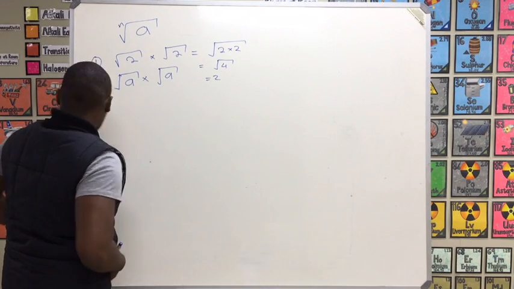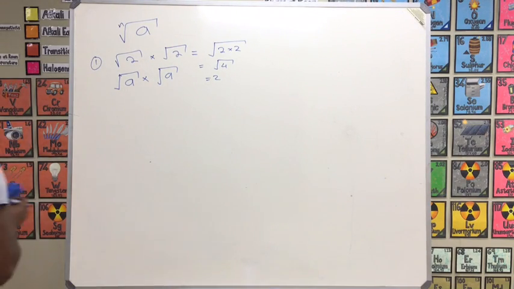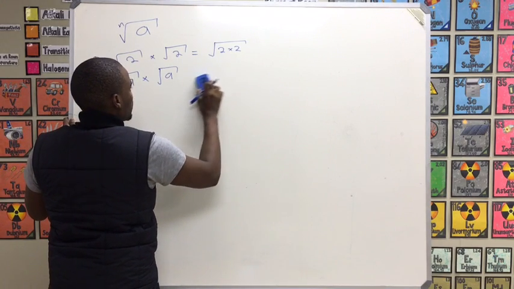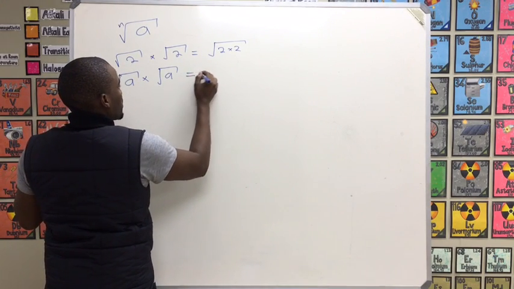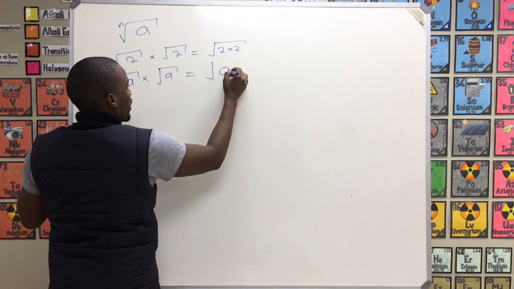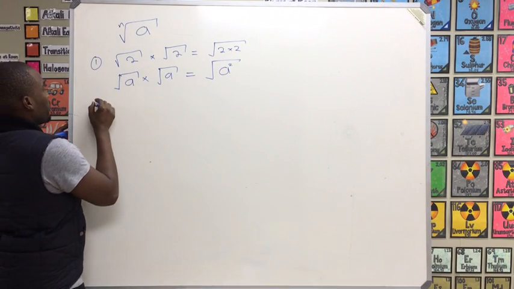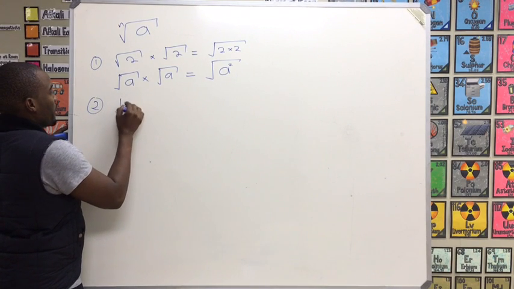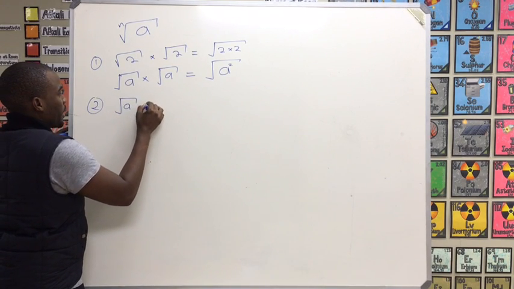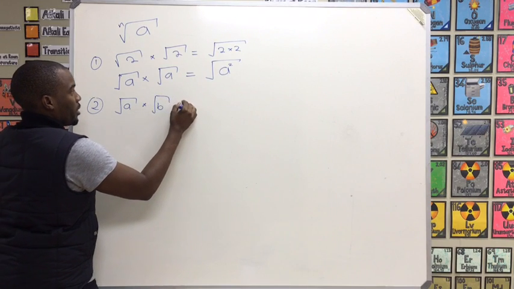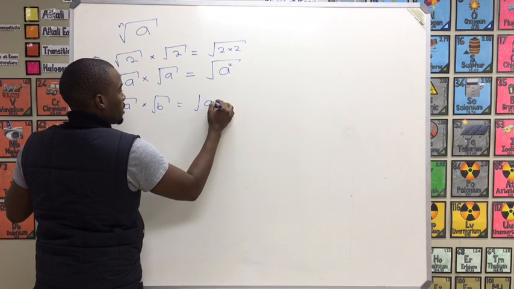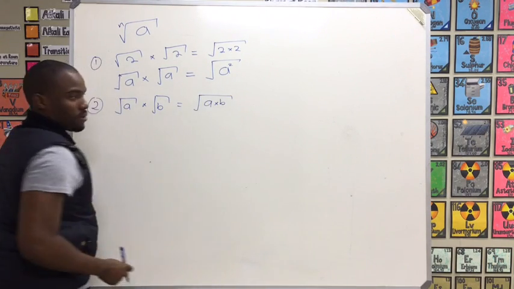Sorry, let me quickly erase this. Giving us root A squared. Right? Another version of this would be if I had root A times root B, giving us root A times B, like so.